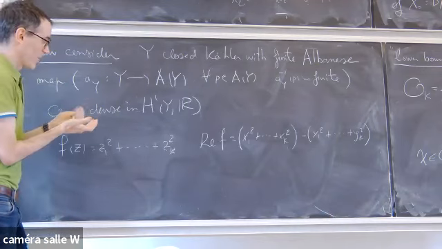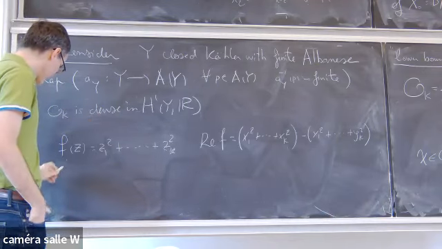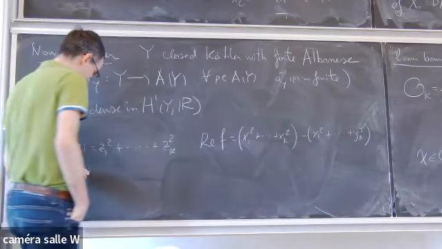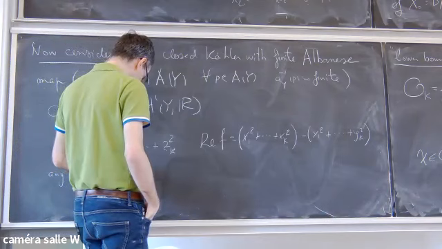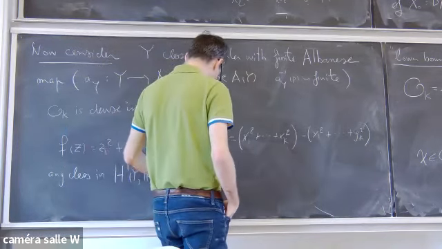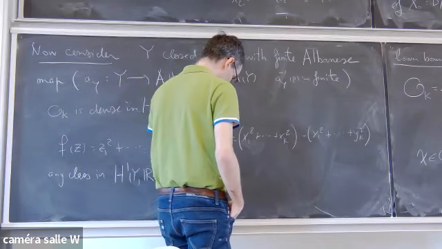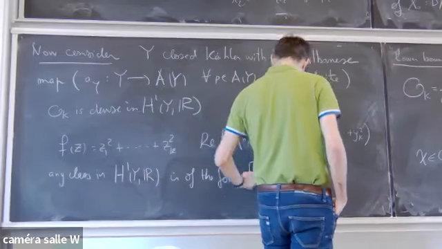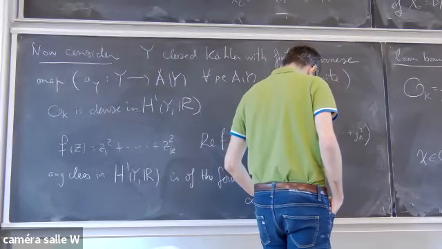So if I have now on a Kähler manifold, so any class in H1 of Y is of the form the real part of alpha, where alpha is a holomorphic one form.